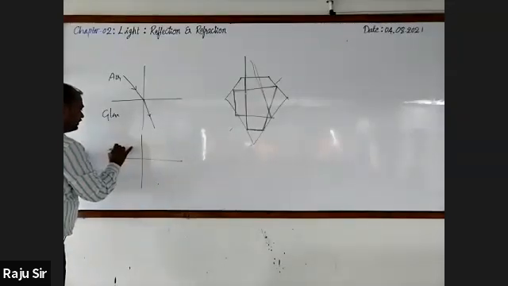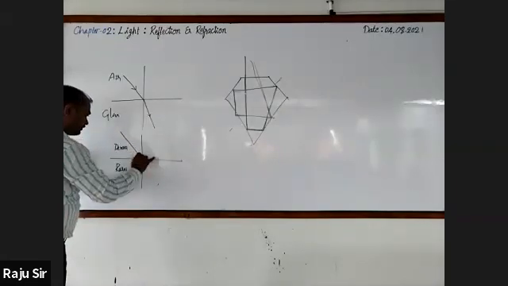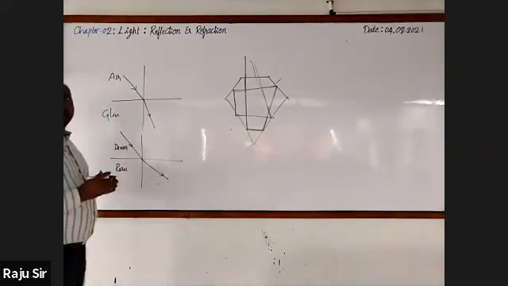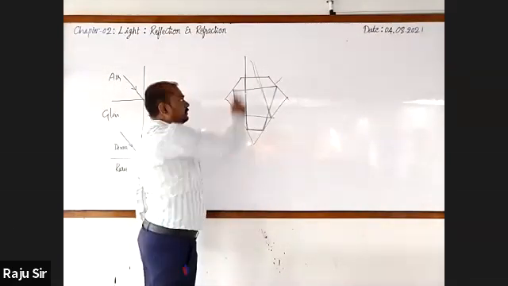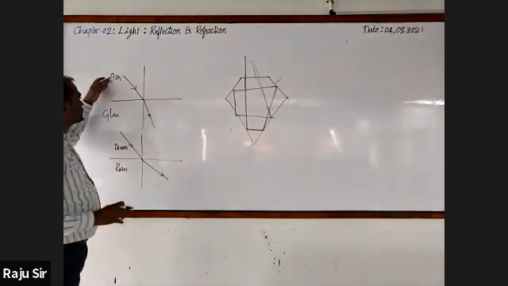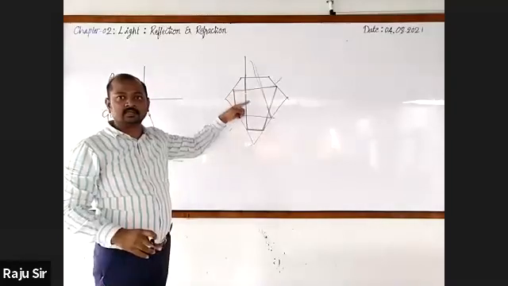Then denser to rarer, away from the normal. Once the light enters from the air, it bends towards the normal here, right? Because it travels from air to glass, rarer to denser.